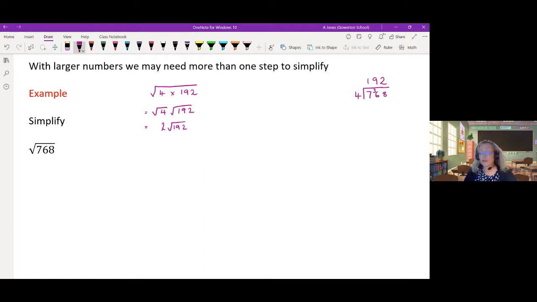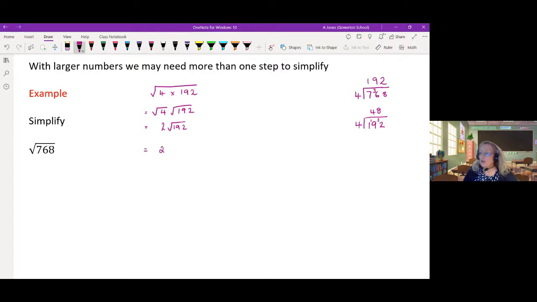There is actually a square number that will go into 192. I think 4 might go in again, so I'm just going to check that, and I'm going to do 192 divided by 4. 4 into 1 doesn't go. 4 into 19 goes in 4 times, which is 16, so I've got 3 left over. 4 into 32 goes in 8 times, so 192 is 4 multiplied by 48. So I'm going to split this again.